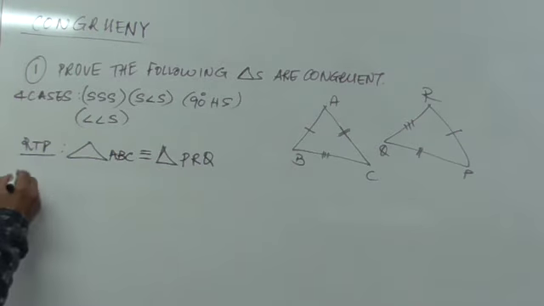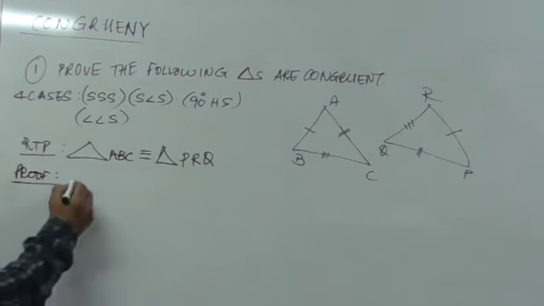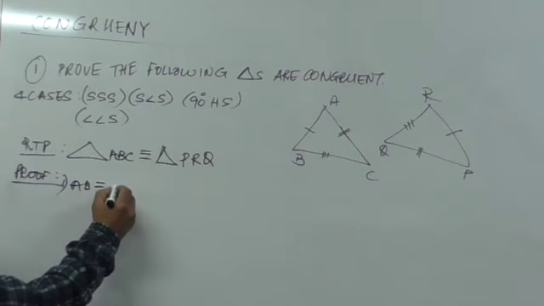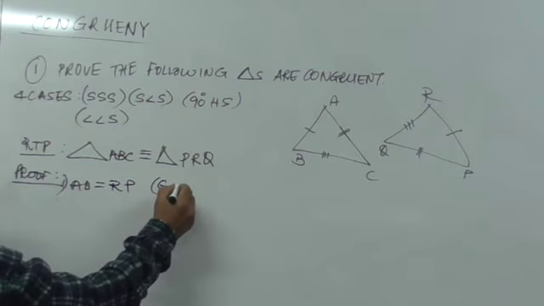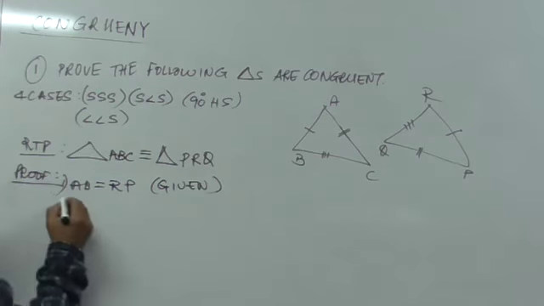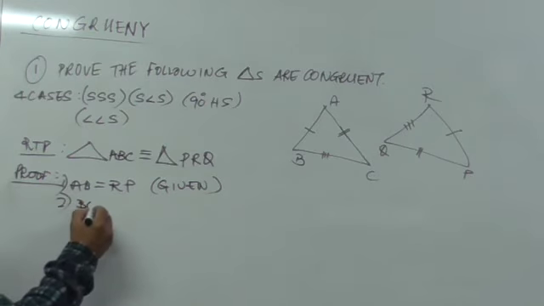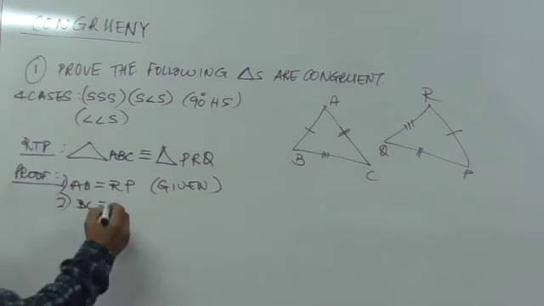Right, proof. Number one, AB is equal to RP. How do we know? It was given. Number two, BC is equal to RQ.